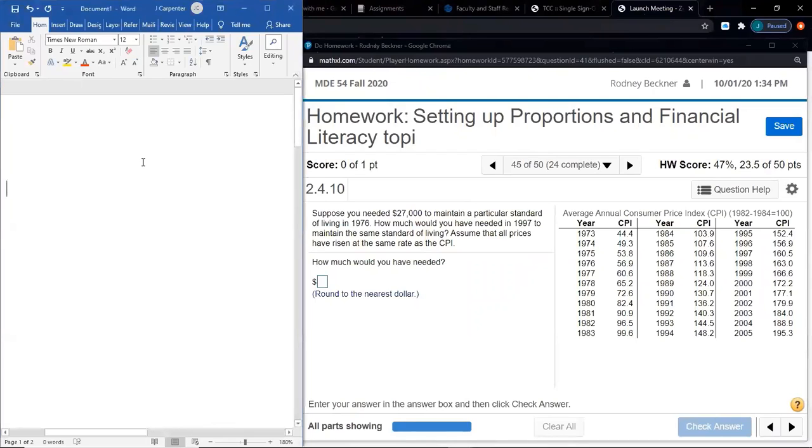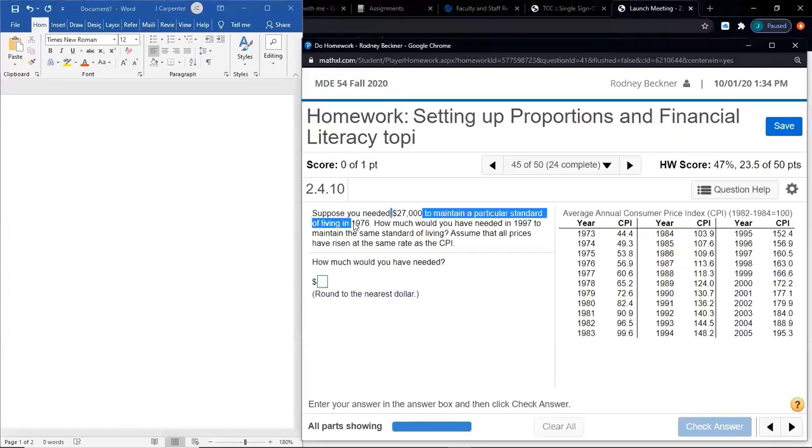All right, so point of the problem. We needed $27,000 to maintain a particular lifestyle in 1976. How much would you have needed in 1997? So this is 21 years going by. Something more relative to us would be comparing 1999 to 2020.